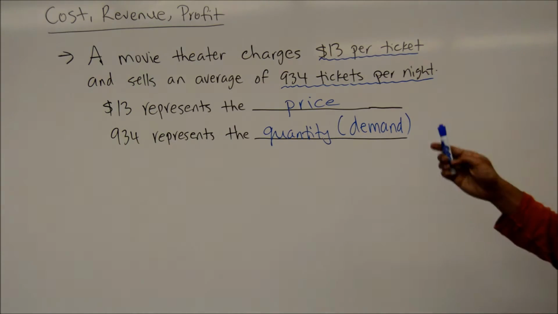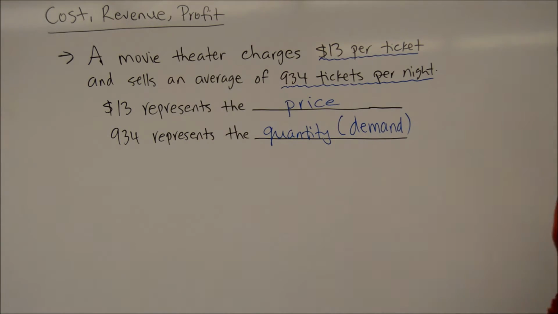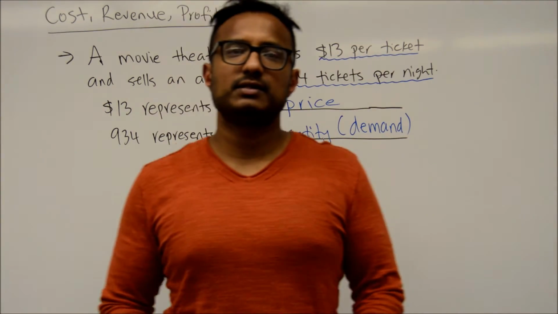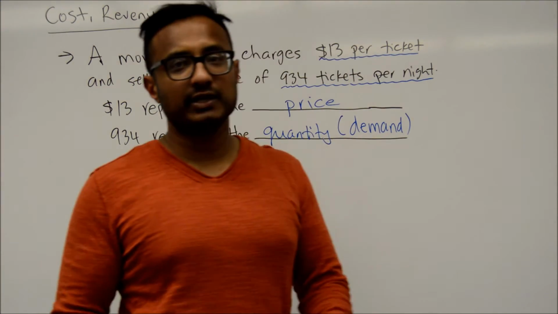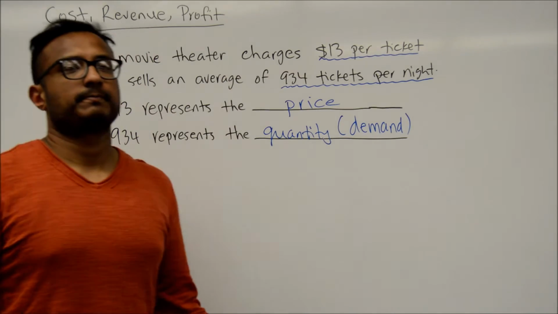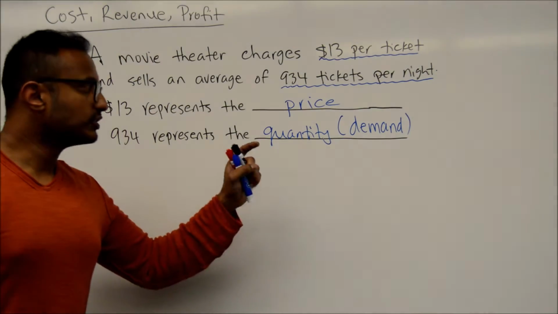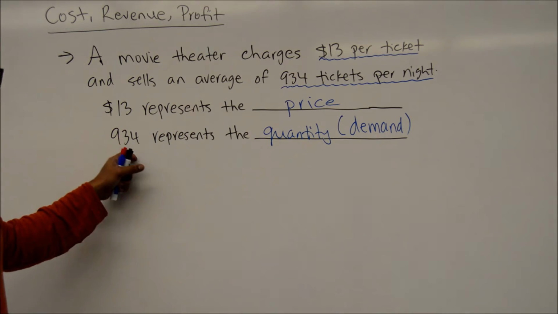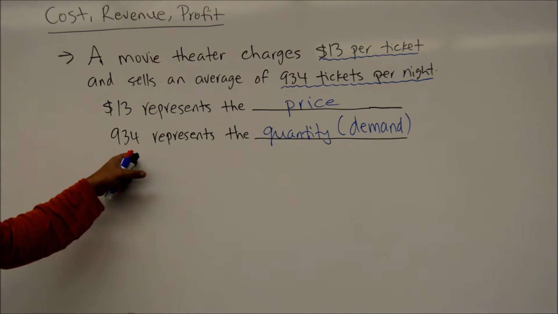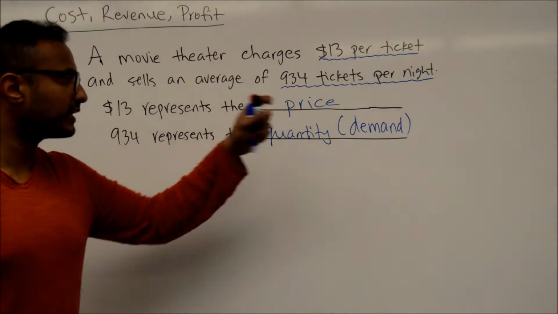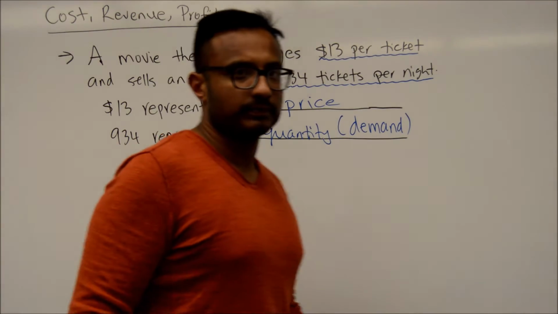So what does the market demand mean? Well, in general, market demand is a consumer's desire and willingness to pay for a commodity. In this case, consumers are willing to buy 934 tickets on average per night, right? So the demand for tickets is 934.